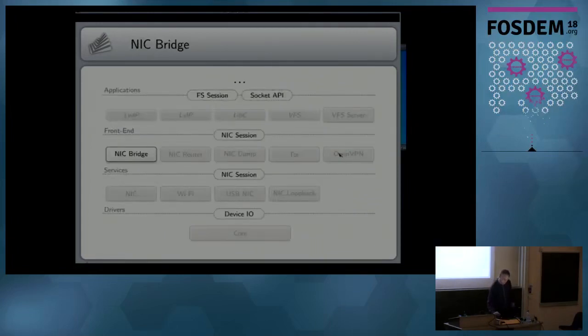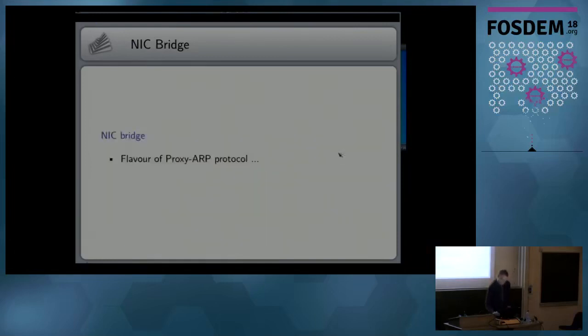Maybe the first thing that was in the queue was the NIC bridge. The NIC bridge implements some flavor of the proxy ARP protocol, and it monitors the ARP and the DHCP that goes on the NIC sessions, and tries to get some mapping about the clients that are connected to this.